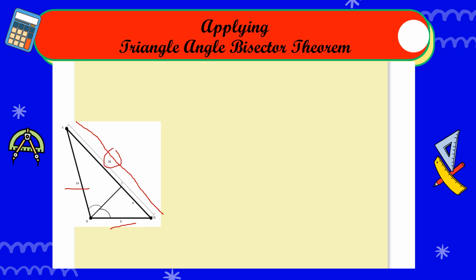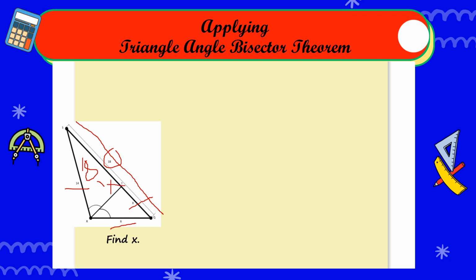And then we have the unknown variable which is x here. Okay. So if this is x, then kani is 18 minus x. Okay. So our problem is to find x.